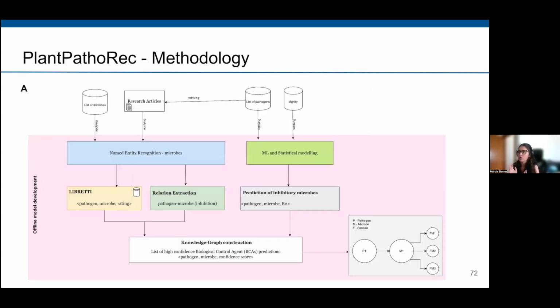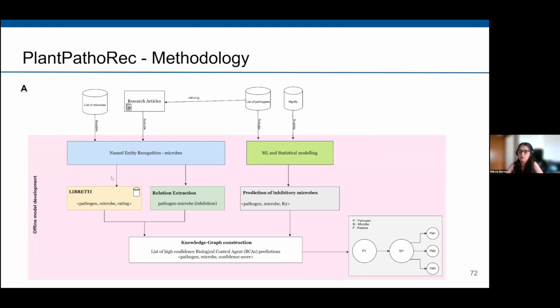So for the first part of the methodology, the first goal was to collect a data set. We have a list of microbes and we have a list of pathogens. So first we retrieve articles from PubMed related with the pathogens. We use named entity recognition to extract microbes that are in these articles.